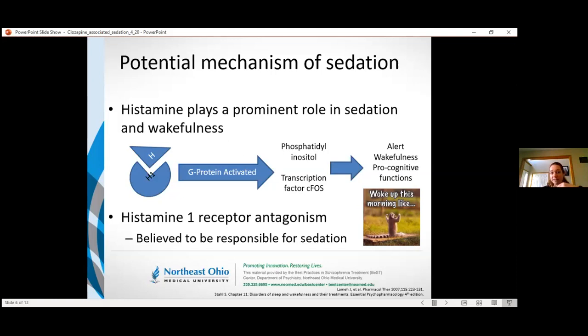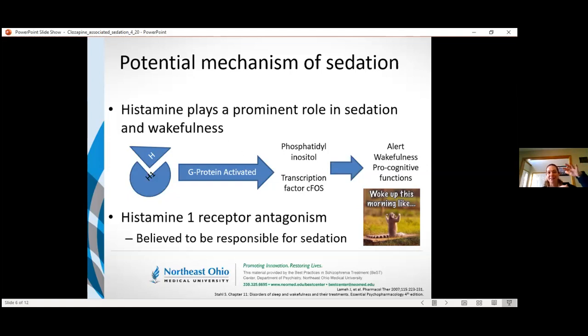So clozapine itself is a relatively potent H1 antagonist, but interestingly, there's been some studies that are looking specifically at norclozapine levels, and it suggested that norclozapine may actually be a histamine 1 inverse agonist. So it's going to cause the opposite activity.